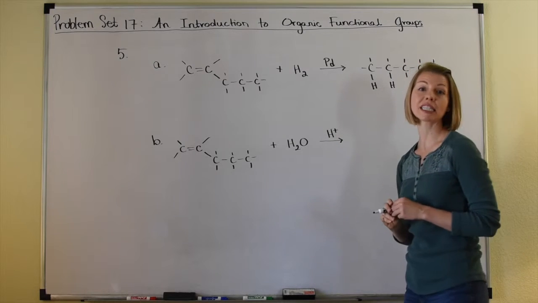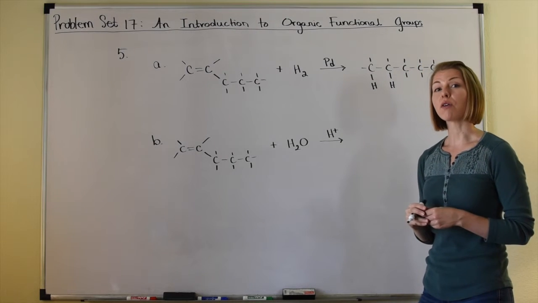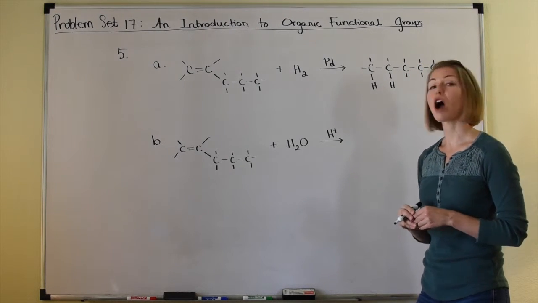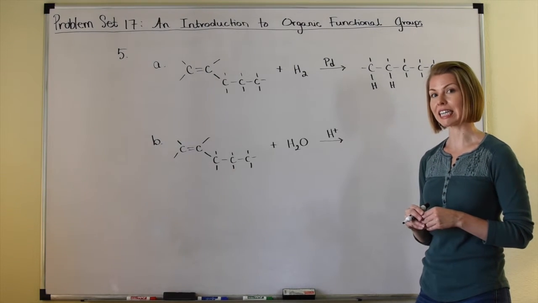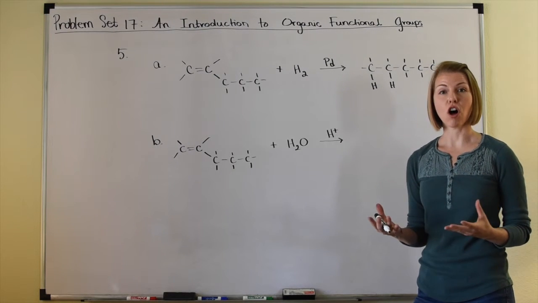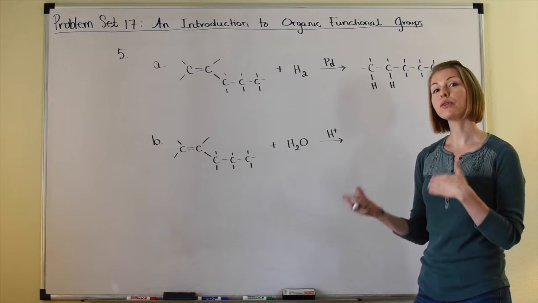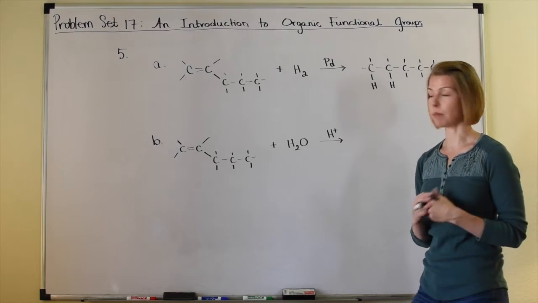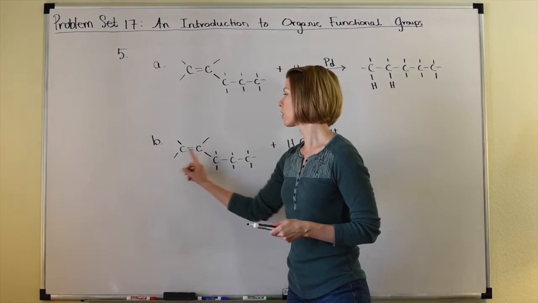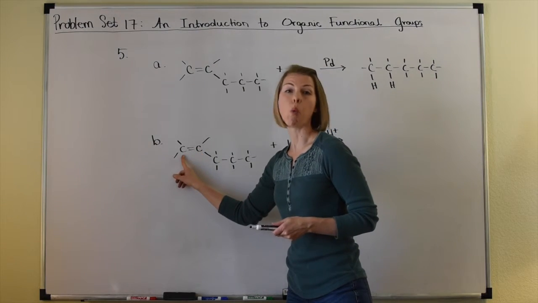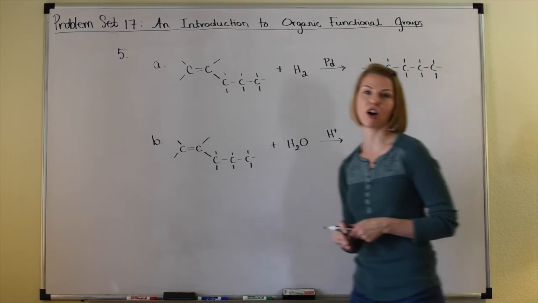So I'm going to write H plus above the arrow. Now remember that the product of hydration of an alkene is going to be an alcohol. Now there's 2 different possible alcohols that could form. The alcohol could either go here or here, giving you either 1-pentanol or 2-pentanol.